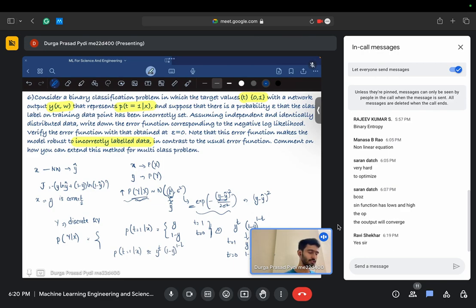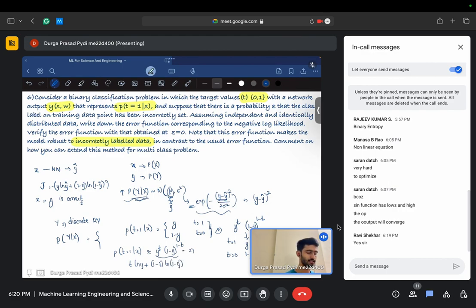What I will do next is maximize this. Maximizing this is equivalent to maximizing the ln of this function. If I take the ln of this, it's going to be t ln y plus (1 minus t) ln (1 minus y).